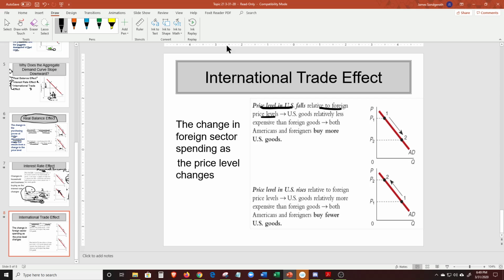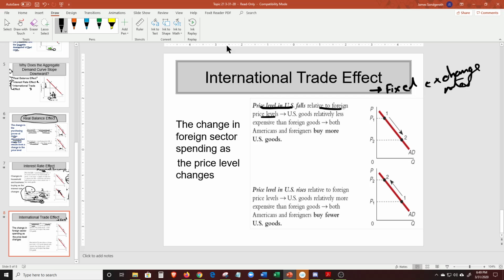And really, what they're sort of assuming here is that we have fixed exchange rates between currencies. With floating exchange rates, these changes in purchasing power due to inflation or deflation are fixed within a relatively short time. So they must be saying fixed exchange rate is sort of the assumption here.